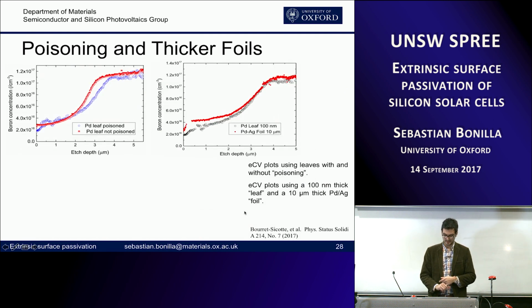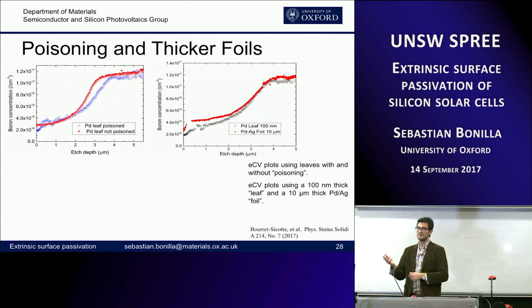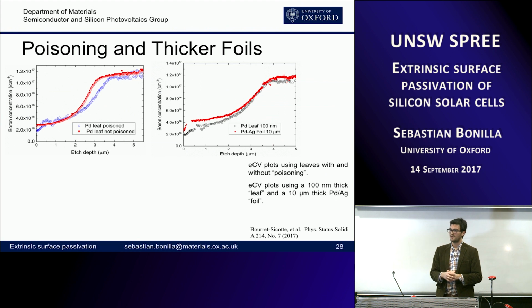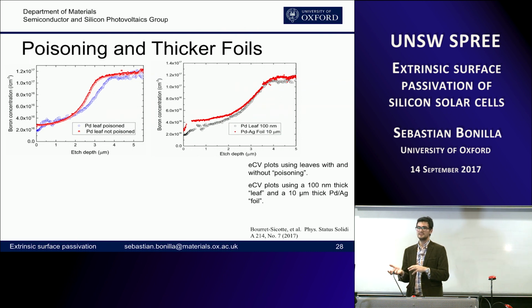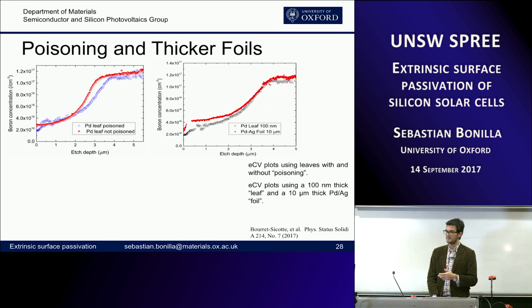We also tested the conditions of our palladium leaf, palladium foil, and we found that actually you could do quite a few things to try and change the kinetics of the hydrogen ions at the surfaces of that palladium leaf. So you could poison the film, so basically you can introduce additional other ions into the palladium, and this would serve to avoid certain reactions taking place.